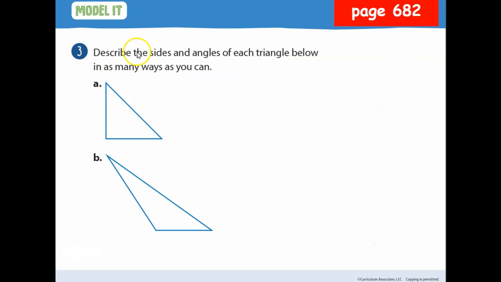Okay. Describe the sides and angles of each triangle below in as many ways as you can. All right, let's chat. Number 1, look at letter A. How can you describe that triangle? Has a right angle. Perfect. What else? Yep, some sides are the same length. Correct. Anything else?